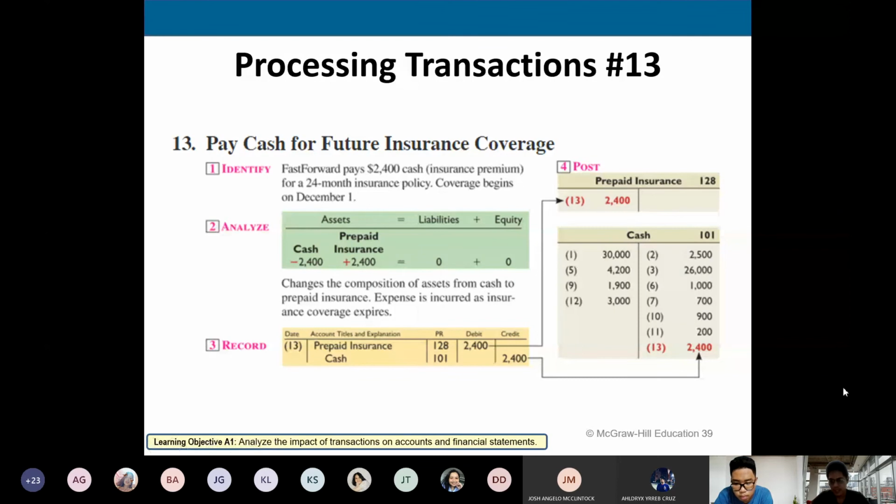Yung parang nangyari kay Lloyd Cadena, tama ba? Meron siyang bahay, meron siyang sasakyan, no? Kumuha siya ng insurance, yung parang MRI na tayo, no? So, meron pa siyang unpaid dun sa bahay niya, meron pa siyang unpaid dun sa sasakyan niya.